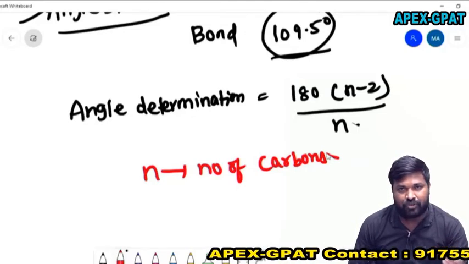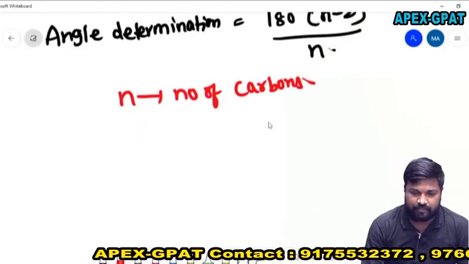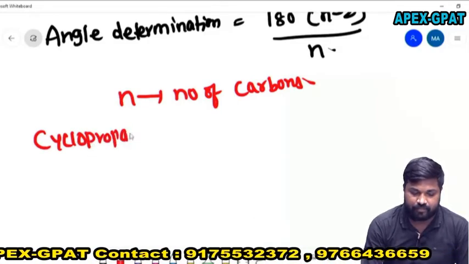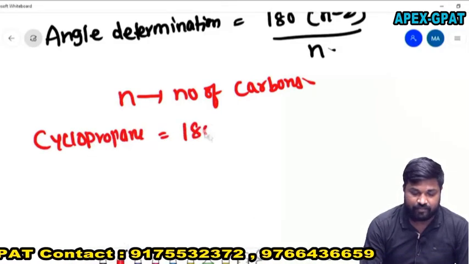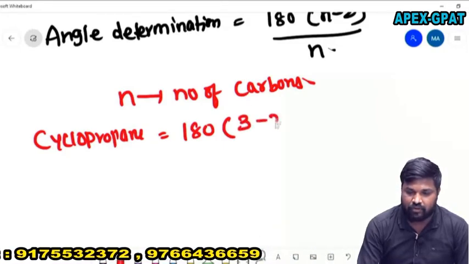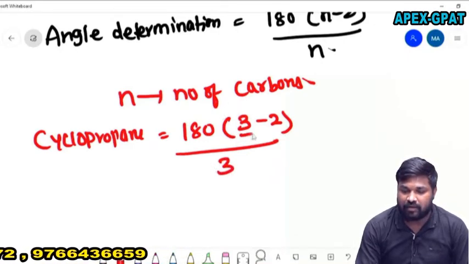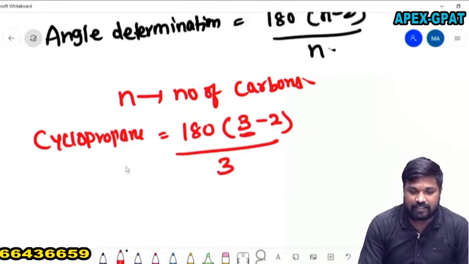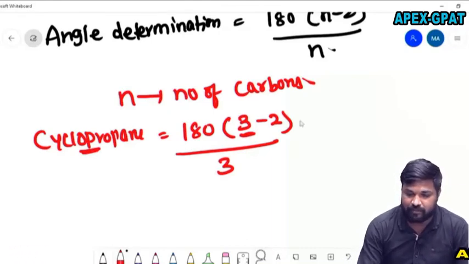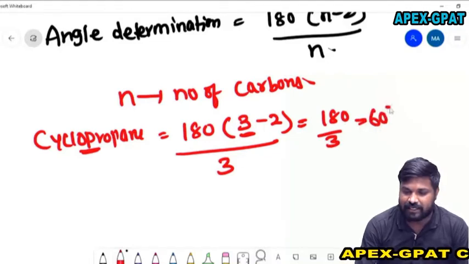Just substitute the n value here: 180 into 3 minus 2 by 3. It becomes 180 by 3, that equals 60 degrees.